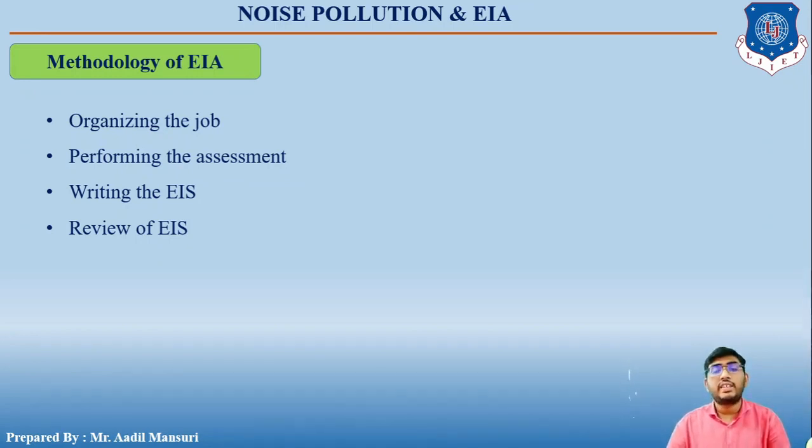And then writing the EIS. The EIS is a conclusion of the EIA. It is a written statement to ensure that the policies and goals of NEPA, that is, the National Environmental Policy Act, are included in the ongoing project.